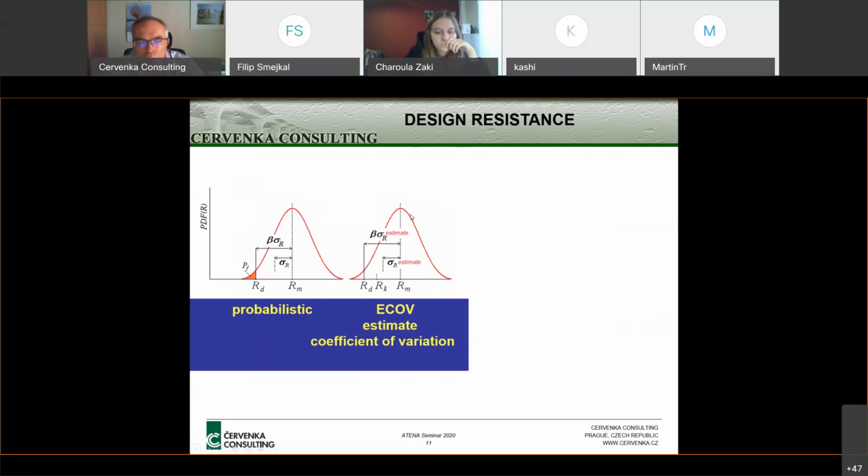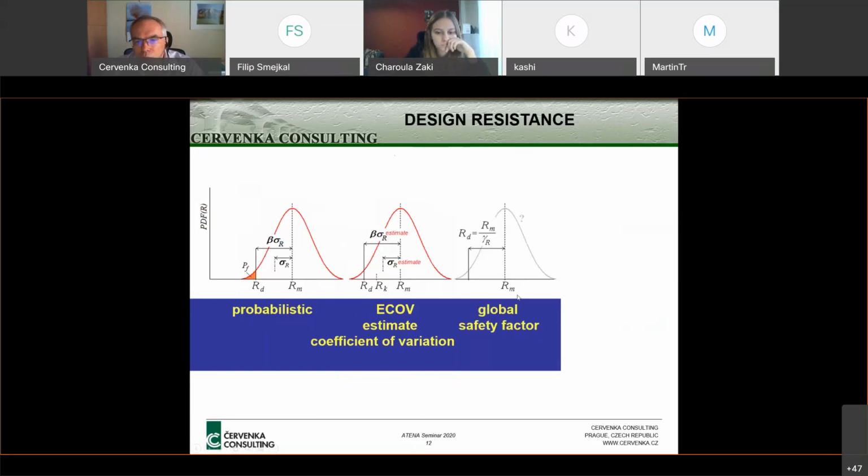And we know in most cases in reinforced concrete analysis, it is a log normal distribution. So with this estimate, we can then again make an estimate of the design strength. You have to understand these are estimates, but still quite realistic.